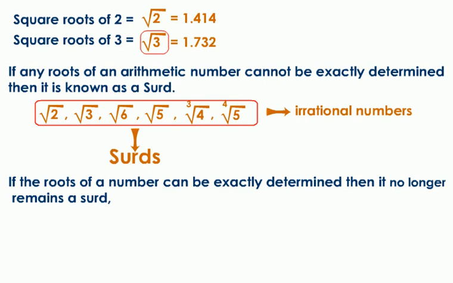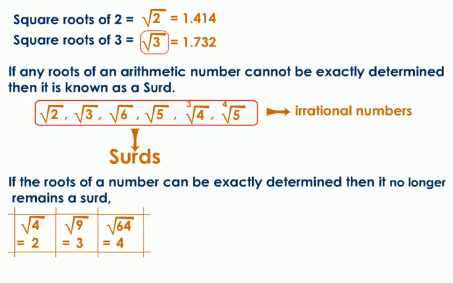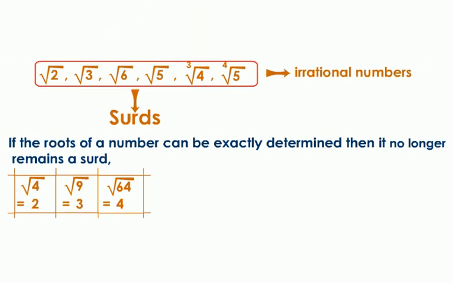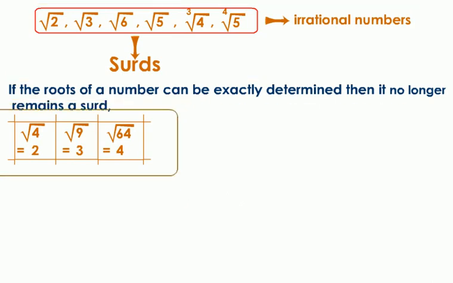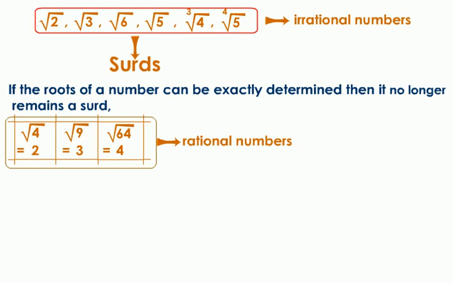For example, √4 is equal to 2, √9 is equal to 3, cube root of 64 is equal to 4, and so on. Thus, numbers which are surds are irrational numbers, and those which are not surds are rational numbers.